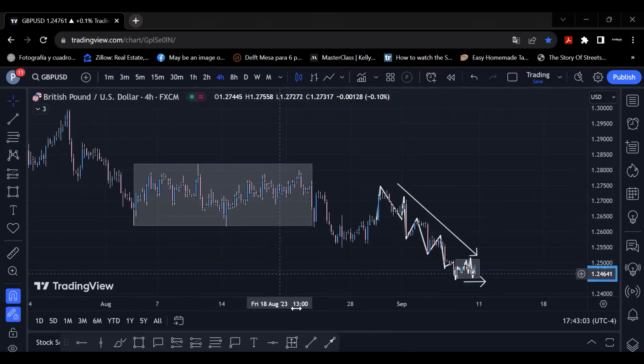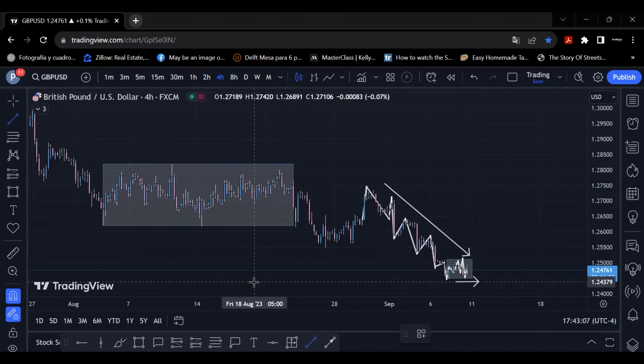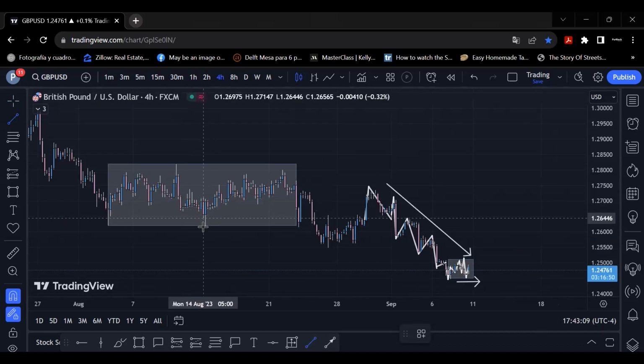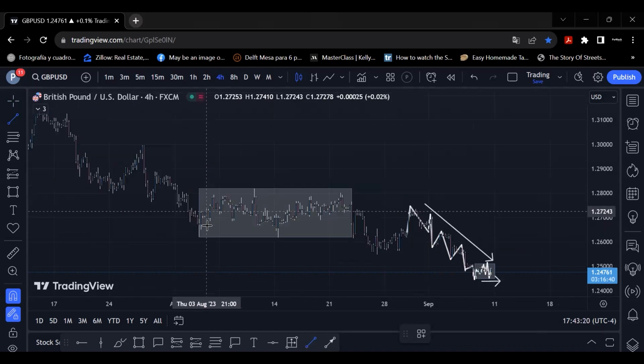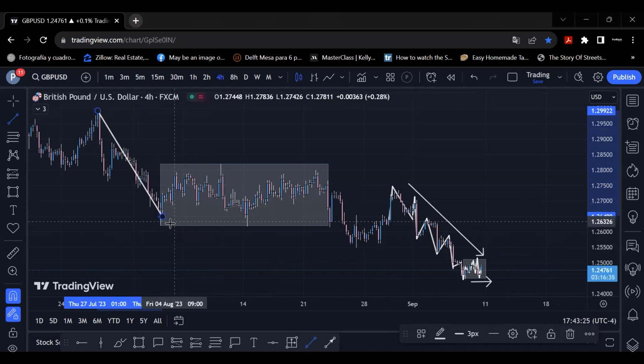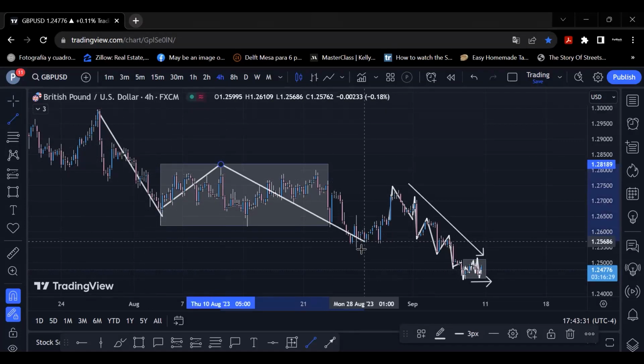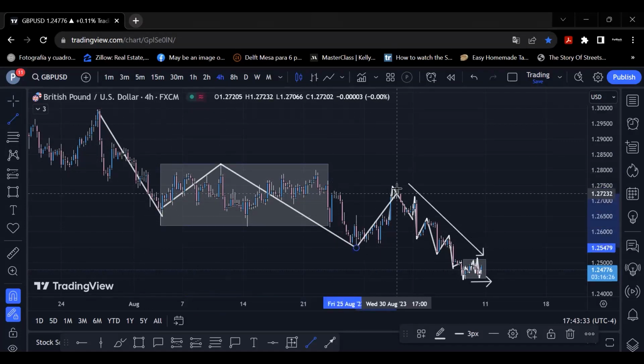Of course, we could look at different time frames to help us identify the overall trend from other time frames. This would help us be able to make clear decisions, because even though we are consolidating in a specific time frame, we might actually be trending on a different time frame. And we have here how we made a lower low, higher low, lower low here.